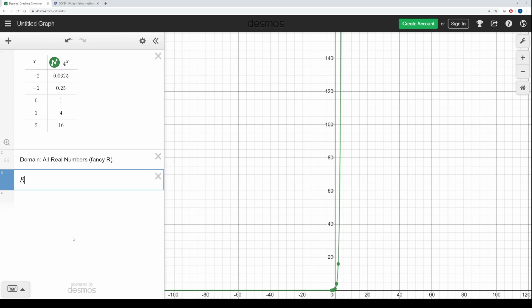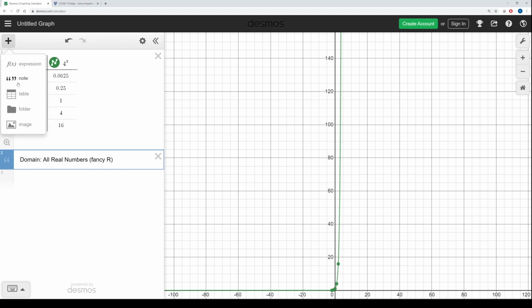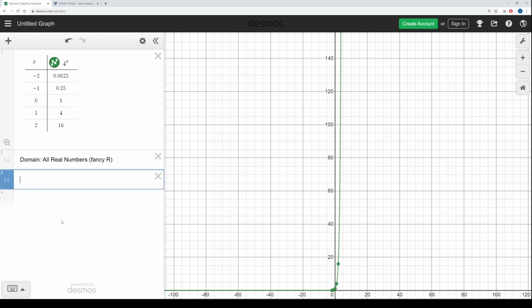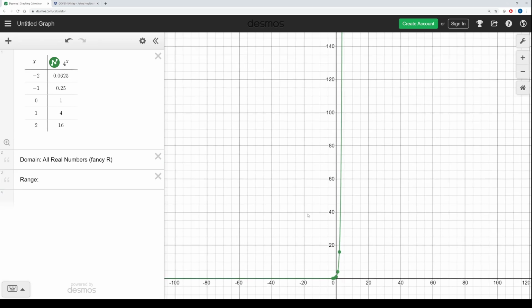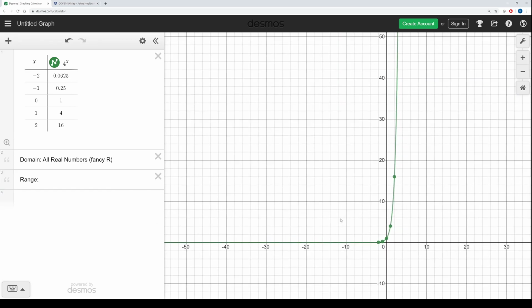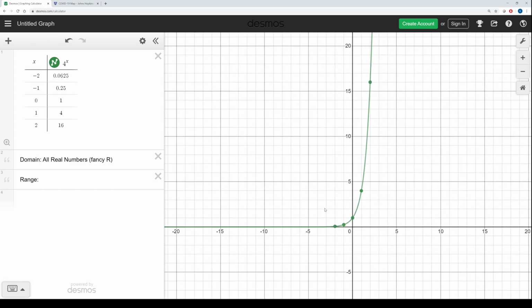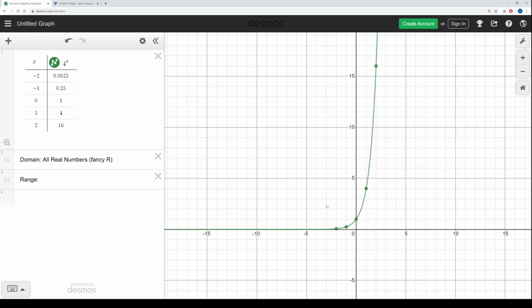Now the range. Sorry, I need to make that a note so I can type it and not be all italicized. The range, those are all the possible values for y that we could get from this function. Let me zoom back in here. So we're thinking about how high and how low this function goes.